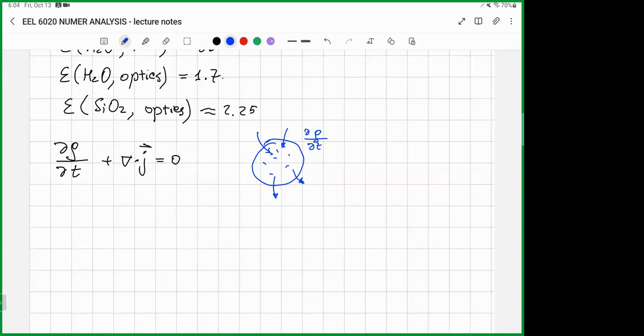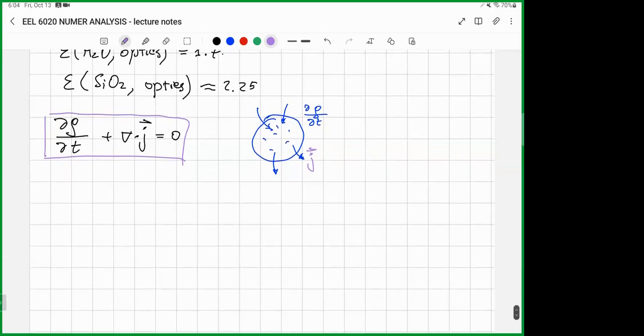At the same time, this flux of the charges is given by the current density that these charges create. And the equation in this form basically states that the total charge in the system is conserved.